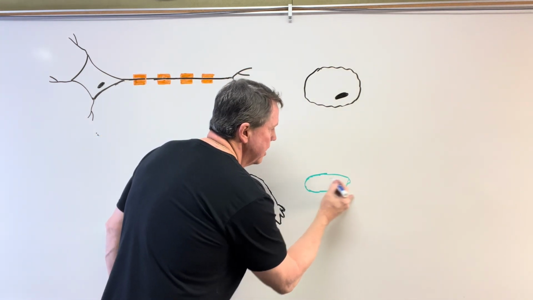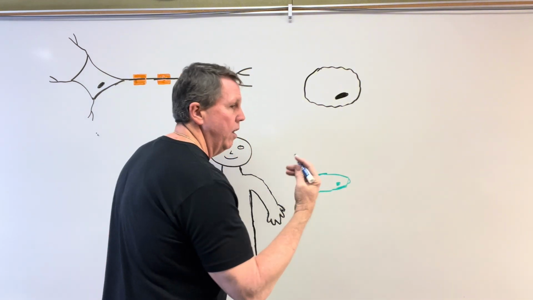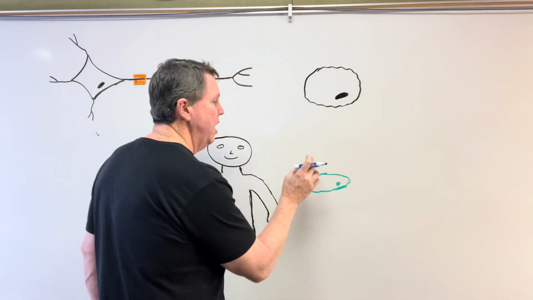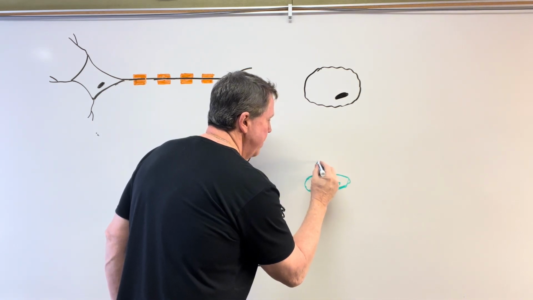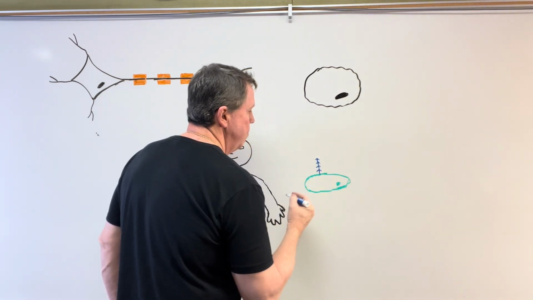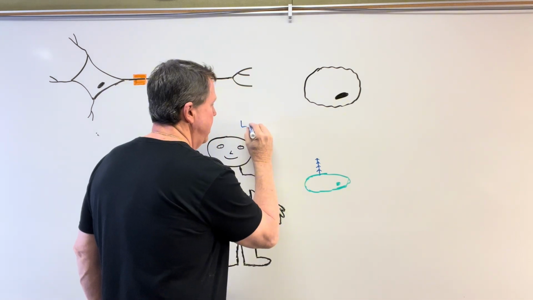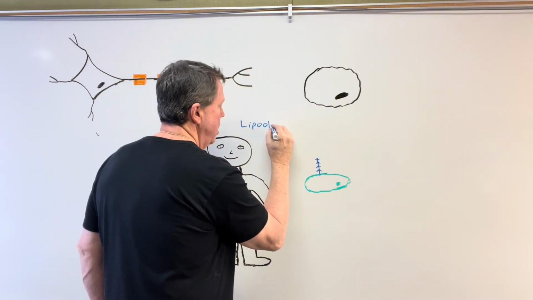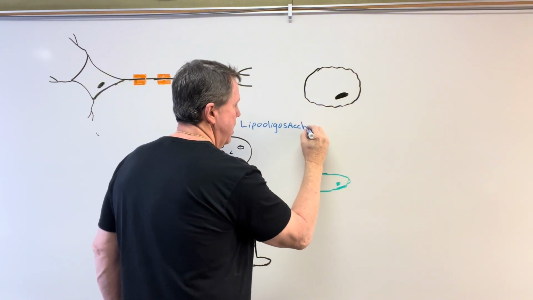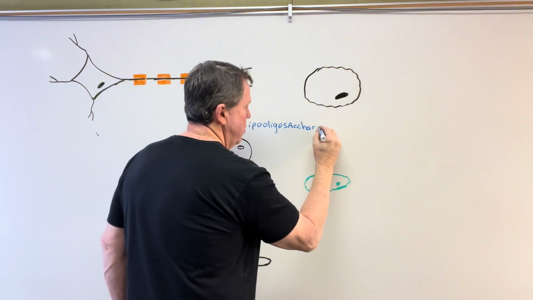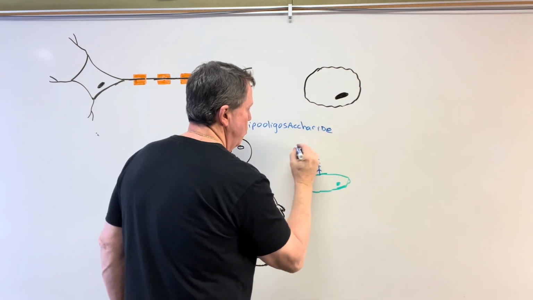On this Campylobacter jejuni, or any type of thing that's going to cause Guillain-Barre syndrome, there's going to be a type of molecule called a lipooligosaccharide. All right? And it's going to be this guy right here.